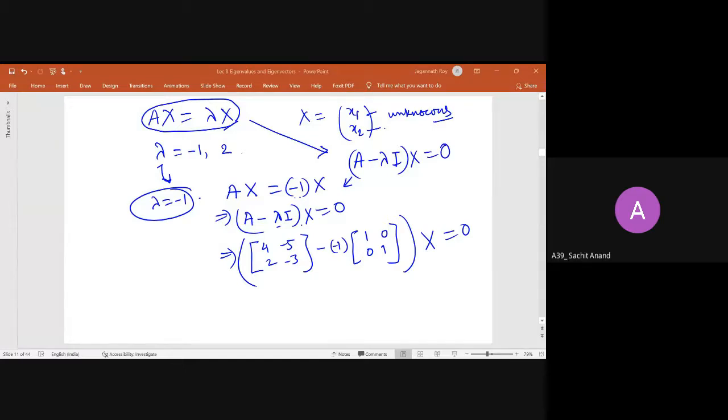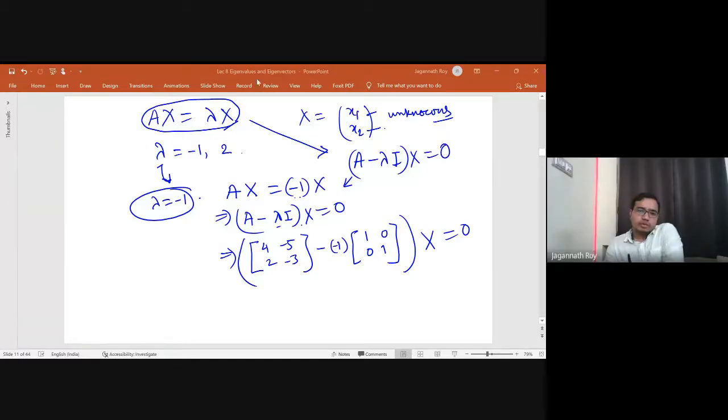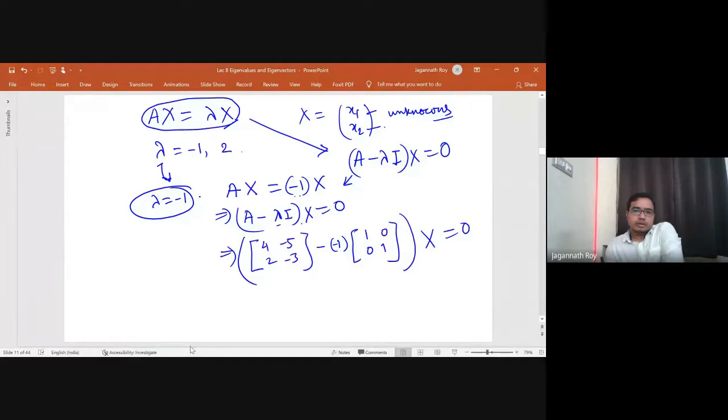No. You are saying a real number is equal to a matrix, which is not correct.